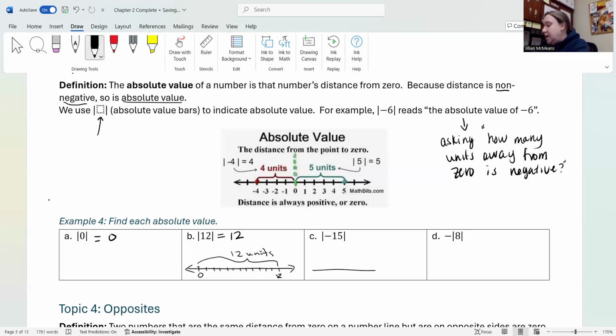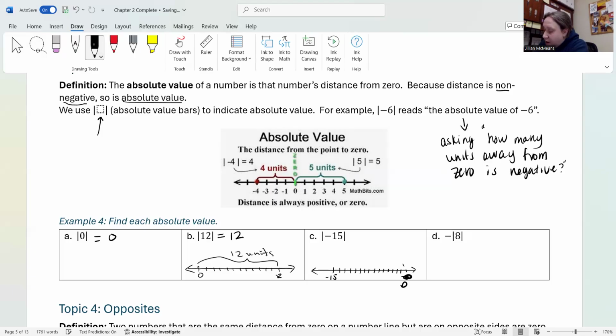All right. Now, part C, we have the absolute value of -15. Whoops, that's going to be 0 right there. Let me erase that. For some reason, it won't let me erase right now, but we're going to say this is 0, and then I'm going to go 1, 2, 3, 4, 5, 6, 7, 8, 9, 10, 11, 12, 13, 14, -15.